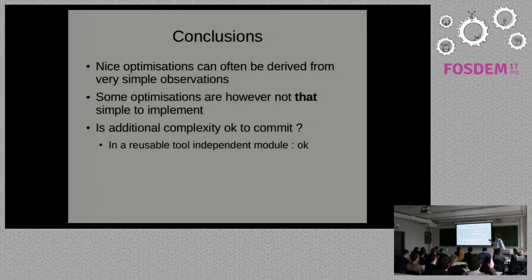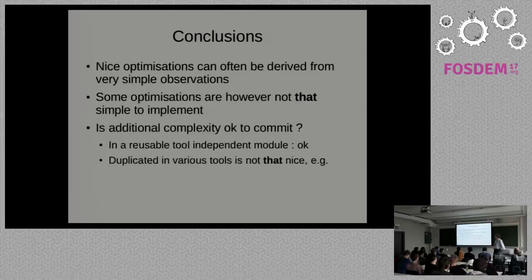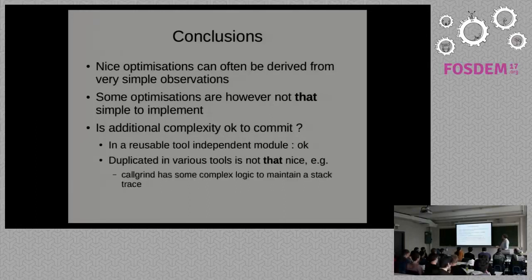If we have additional complexity in a tool-reusable module, it's relatively clear that it's good to commit. But when we have various bits of logic involved in Valgrind and so on, to do more or less the same thing, it is not that clear to me that this is nice to commit, at least not without discussing it a little bit more in depth.